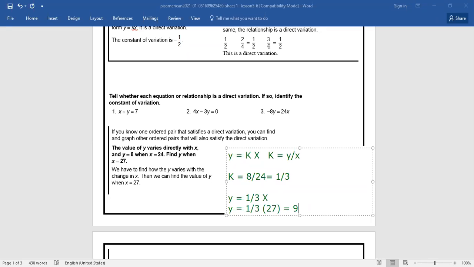Second, we replace the value of k in the general form, so y equal one third x. Now we replace x by 27, which is the second x in this question. Then y equal one third times 27 equal 9.